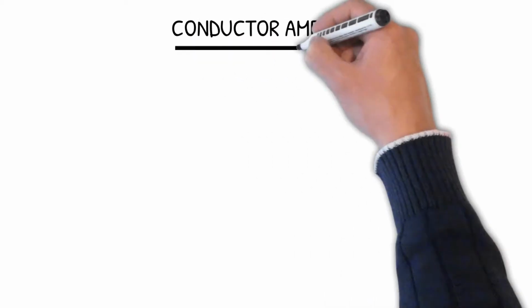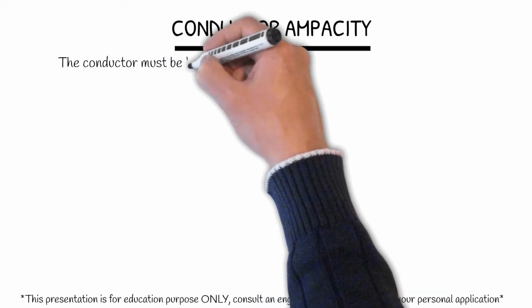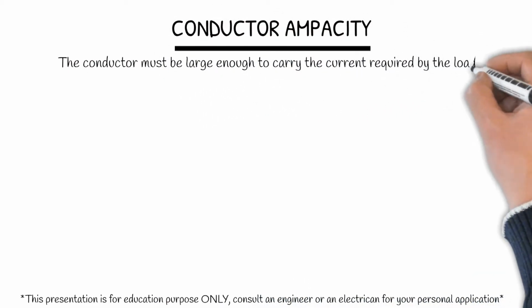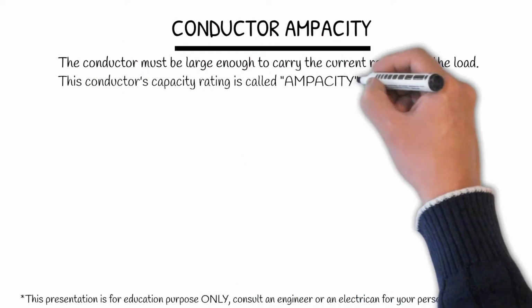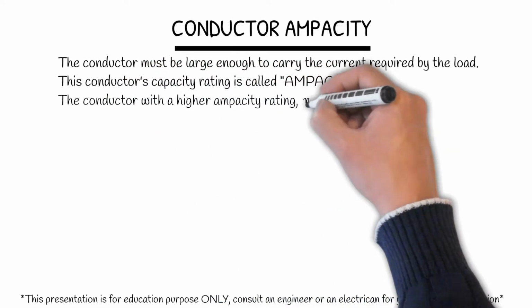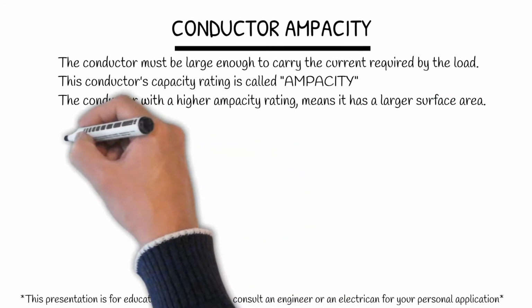Conductor ampacity. The conductor must be large enough to carry the current required by the load. This conductor's capacity rating is called ampacity. The conductor with a higher ampacity rating means it has a larger surface area.